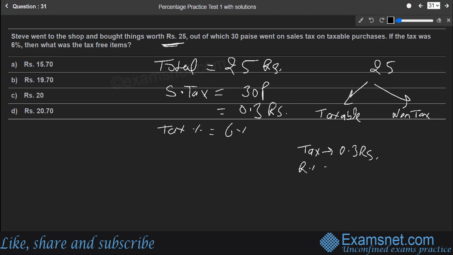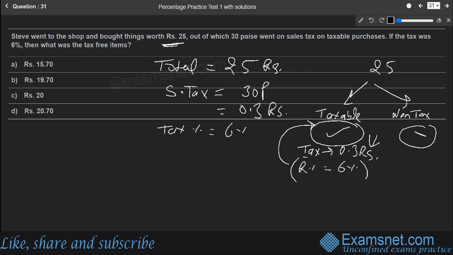So 6% of whatever the taxable items price would have been is the 0.3 rupees that has been paid already. The non-taxable amount can be calculated by subtracting the taxable amount from 25. So the first concern is to find out the taxable items price.